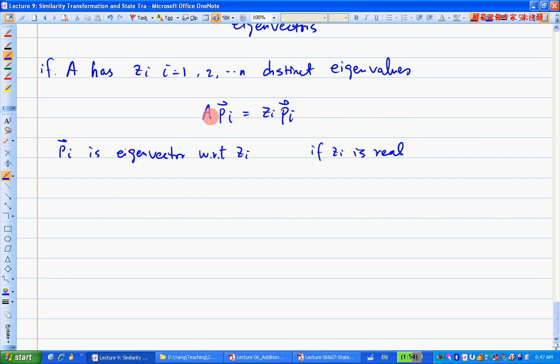Then what does this expression mean? You have A multiplied by a vector equal to a constant multiplied by the same vector. So in 3D space, if this is my vector p_i, what happens when you multiply it by a constant?